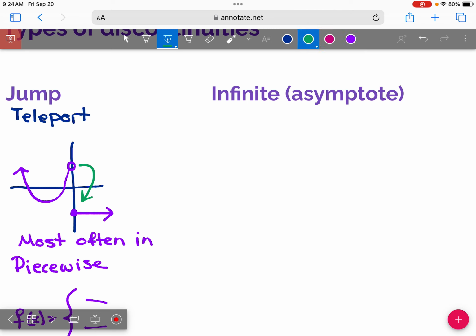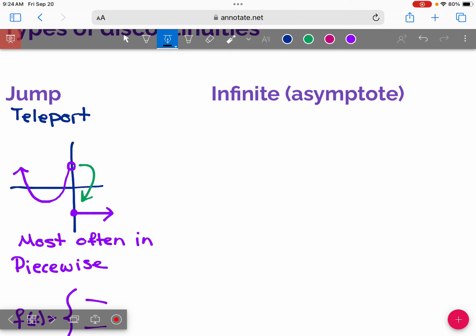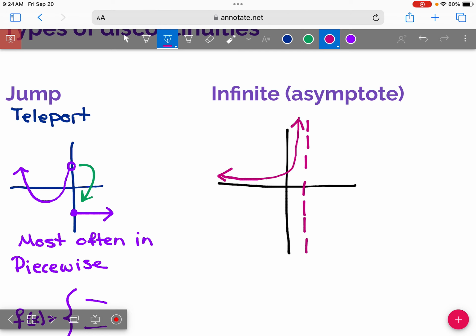So an infinite asymptote, or an infinite discontinuity, we see this in all kinds of functions. It is an asymptote. So if I have a graph, and we have something like an exponential function, or a logarithmic function, or a rational function, where we had to draw our asymptote, and we have these guys.